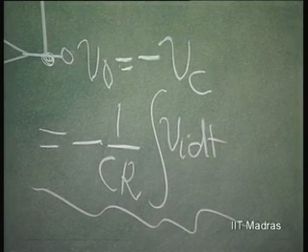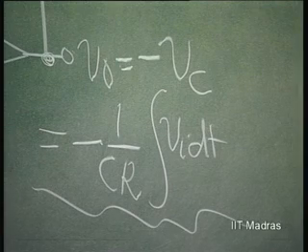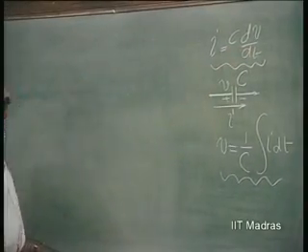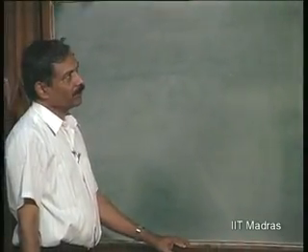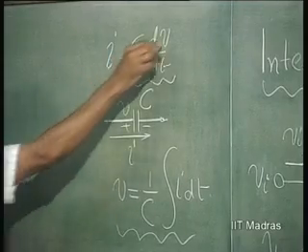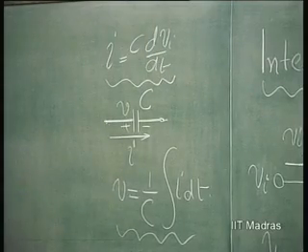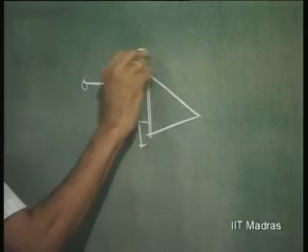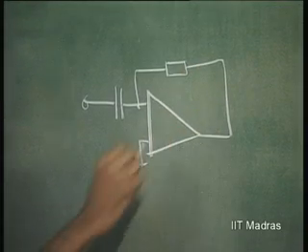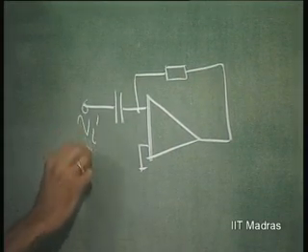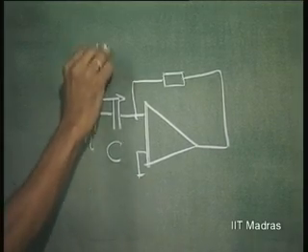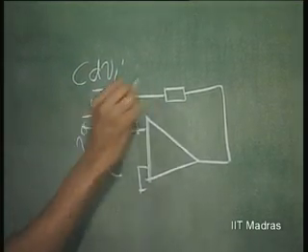How do we do differentiation? That is very simple. Once again, we have I equal to C dV by dt. That means, I have to establish a current which is proportional to an input voltage, let us say. So, I apply the voltage directly across the capacitor. So, V I is applied. So, the current through the capacitor is C dV I by dt according to this.